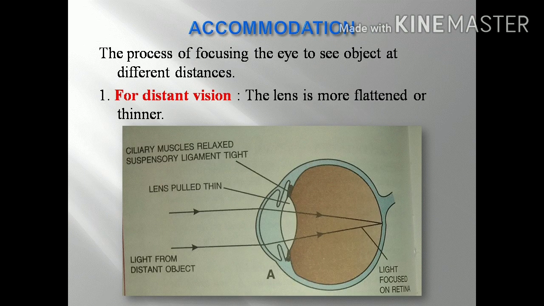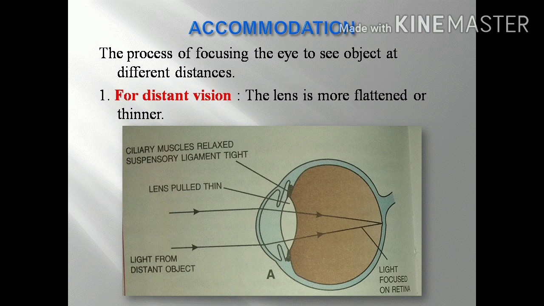Next, accommodation, or viewing objects in sharp focus. To see an object clearly, its image should be in sharp focus in each eye. The process of focusing the eye to see objects at different distances is called accommodation.